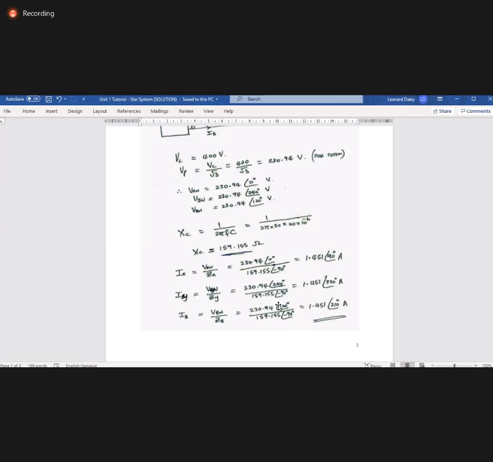The same magnitude will be there because if you just look at the magnitude part alone, it's 230.94 divided by 159.155. So the magnitude should be the same, and then the angles. When you're dividing, you subtract angles, right?